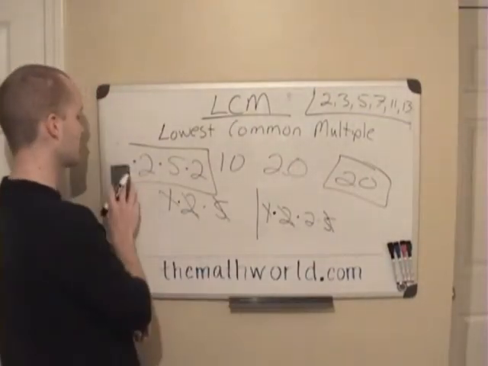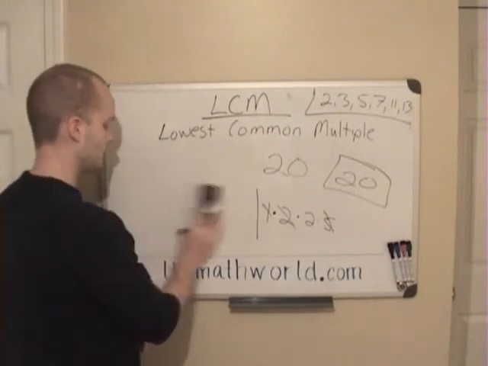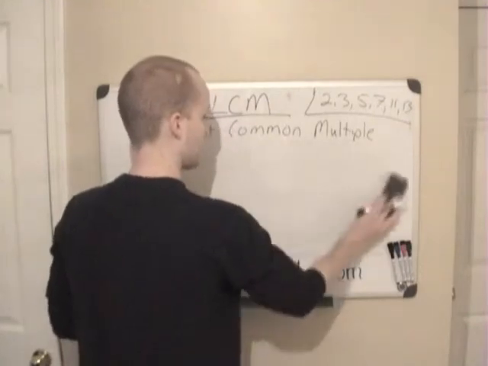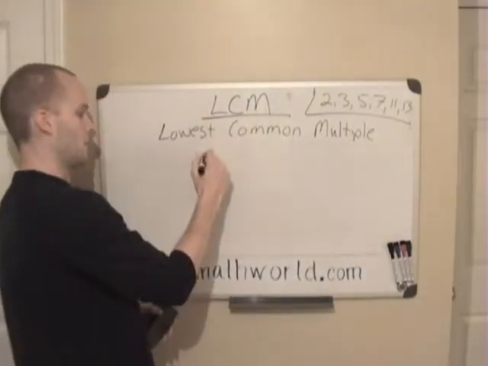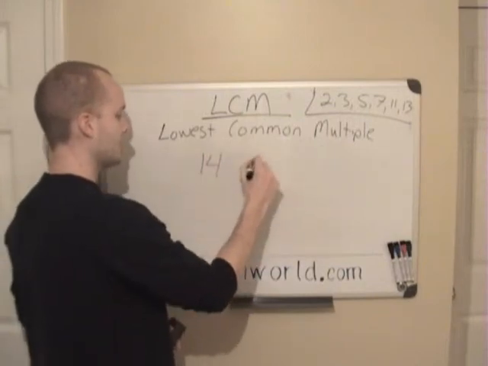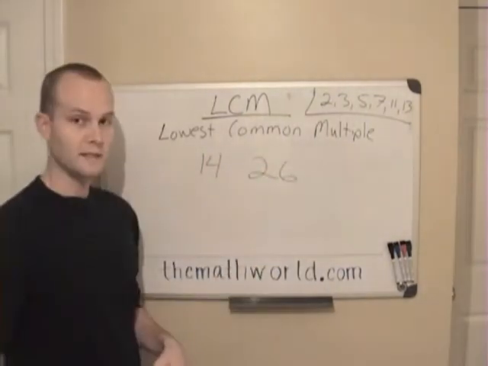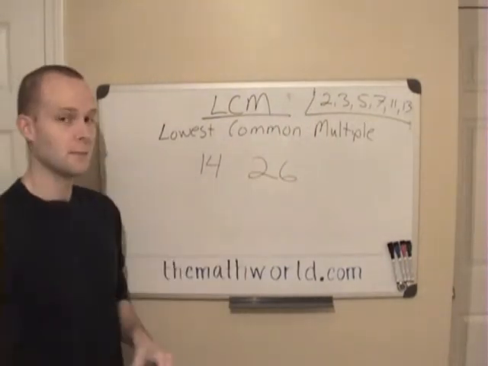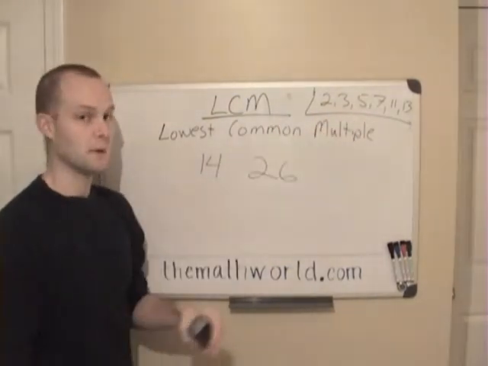So we'll go ahead and take a look at a few more here. Let's take a look at 14 and 26. Again, the first thing we want to do is break each of these numbers down into their prime numbers.